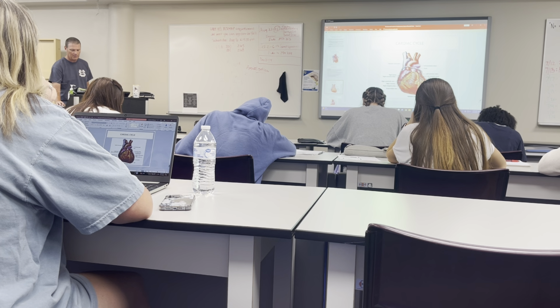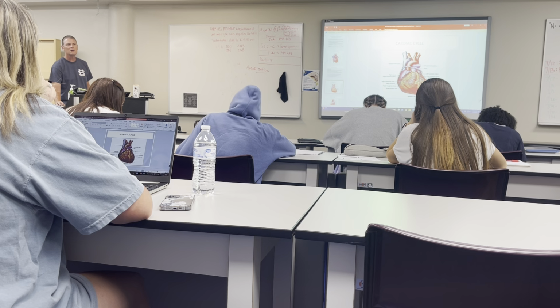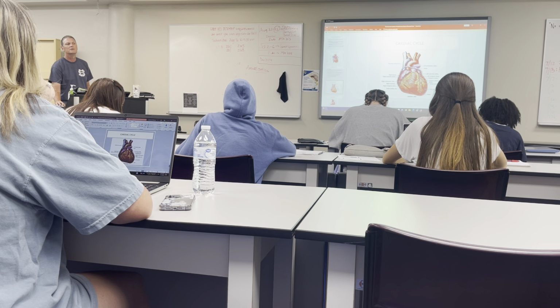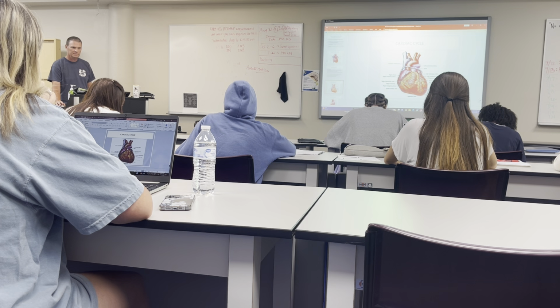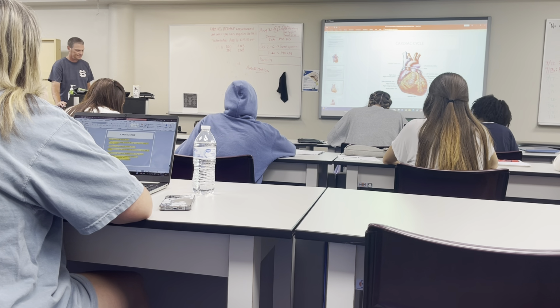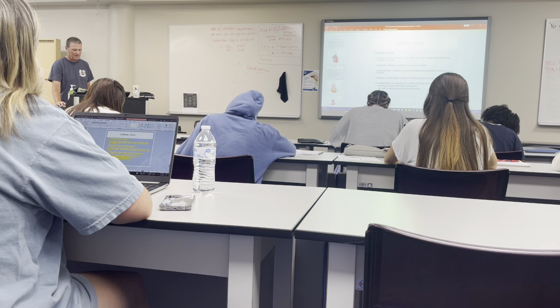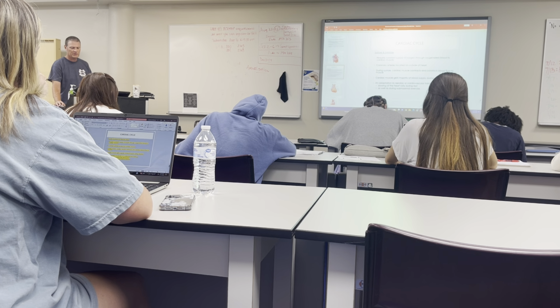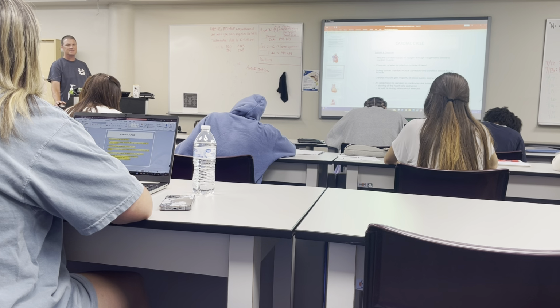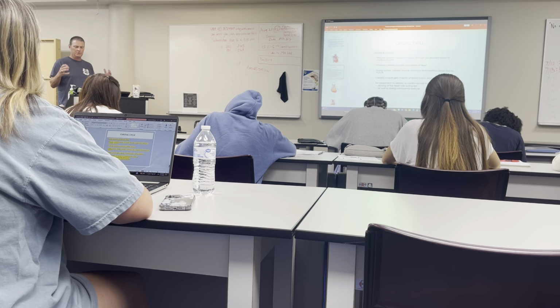Okay, if you get a blockage here on one of these, part of that heart's going to die off. What is that called? Myocardial infarction. Heart attack. Correct. Cardiac muscle gets majority of blood during diastole when it's relaxed, because it pumps and the blood gets to it. Okay.